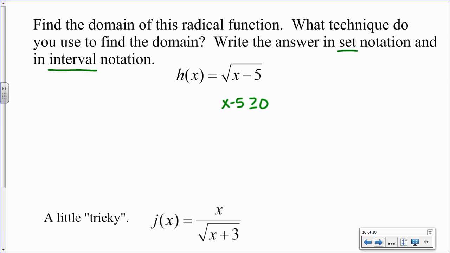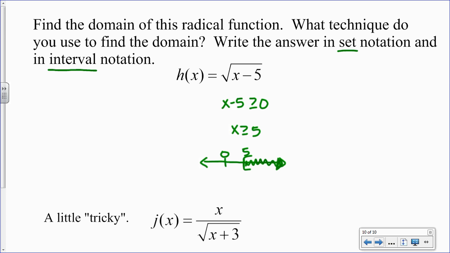So that's the technique that we're using: we set that greater than or equal to 0. It can be 0. Square root of 0 is 0. That still gives you a value. So that's why I have the equal to. Okay, so then x is greater than or equal to 5. So, again, let's look at that on a number line just to help us. Greater than or equal to 5 means I'm shaded here to the right of 5. And the equal to means I have a bracket. So how many intervals do I need here?